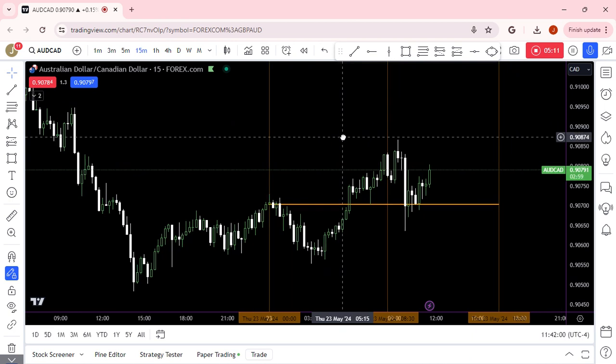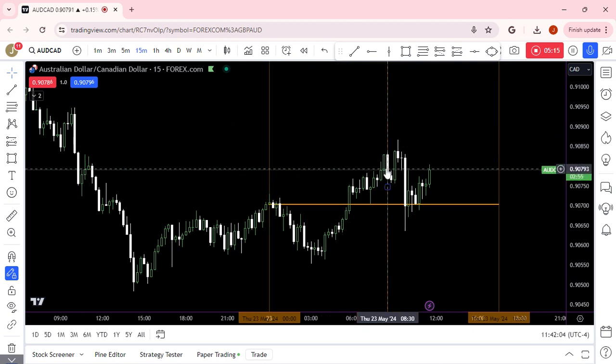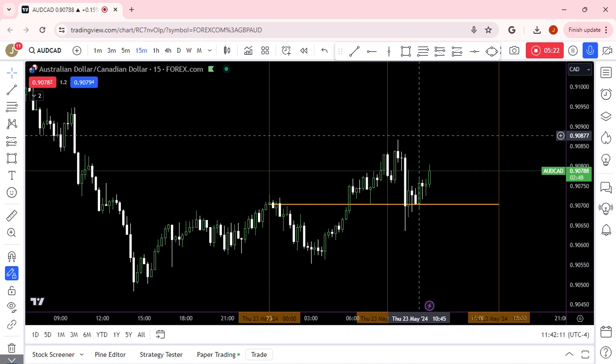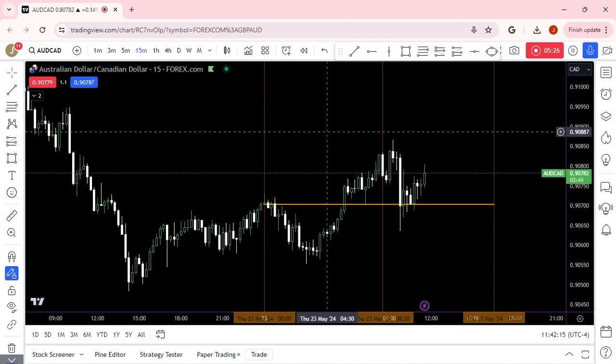So this is AUD CAD, and just looking back to prior to 8:30, just looking back from before and now, I told myself, imagine if I could have waited a little bit more, more insights, more data.